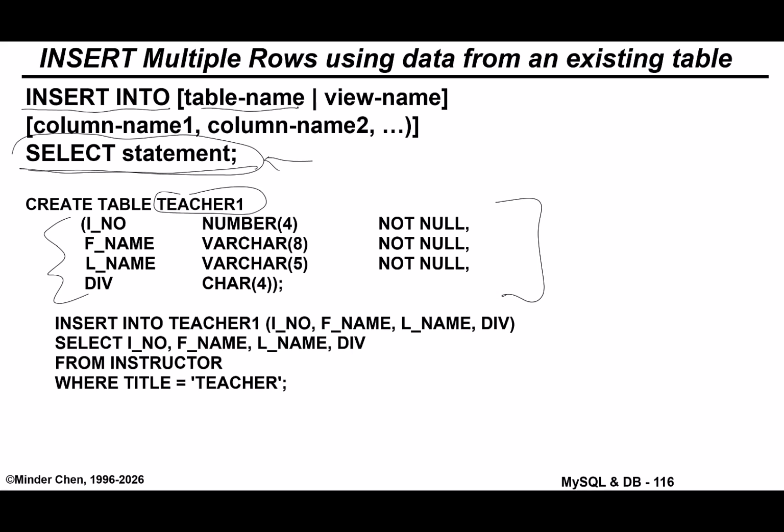Now we can populate this new table, which is empty after the create statement, and then we can select all the rows from the instructor table for those instructors whose title is teacher, and get their instructor number, first name, last name, and division, and populate this teacher1 table.